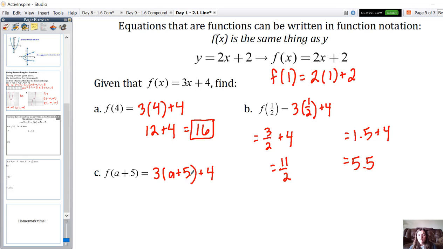Now with this, we can't evaluate because we don't have a value of a, so we're going to just simplify it. So I'm going to start by distributing the 3 to the a and the 5. So now we have 3a plus 15 plus 4, and then we can combine like terms. So we're at 3a plus 19. That's as simplified as it gets, so that's going to be our answer.